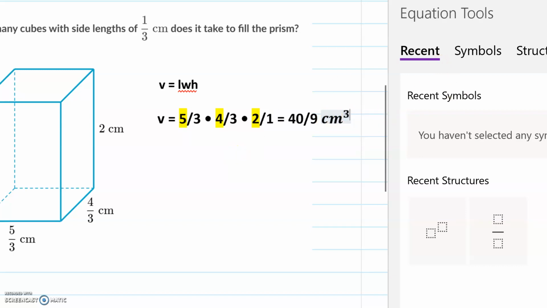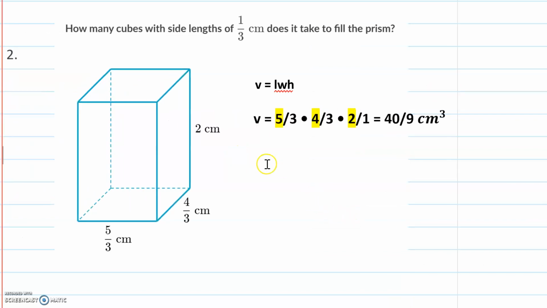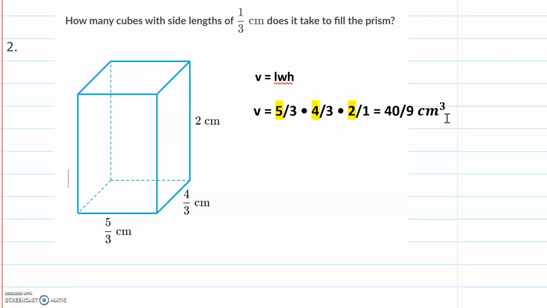And now we're going to take that and we're going to divide it by the volume of the cube. So for the cube, all of the side lengths are 1/3. So it's going to be 1/3 times 1/3 times 1/3, which ends up being 1 over 27.